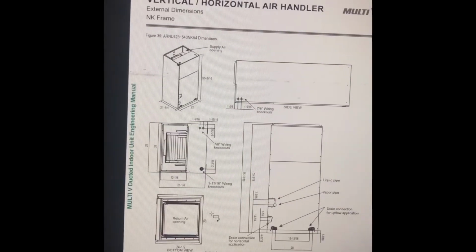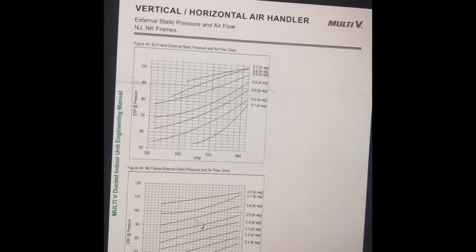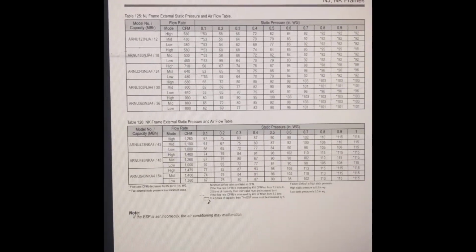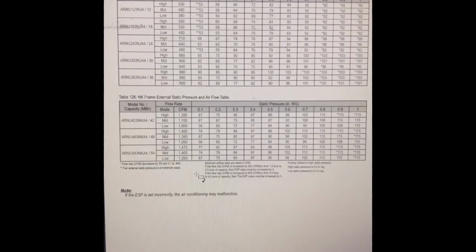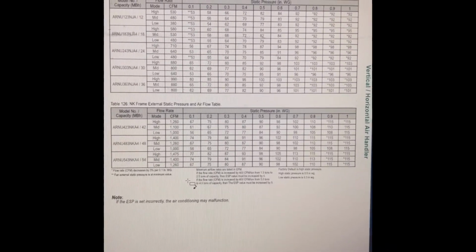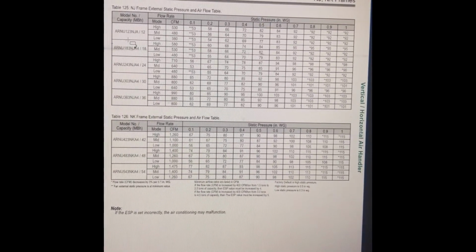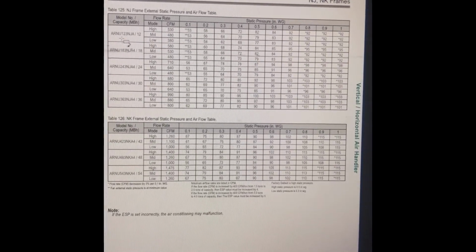There is a chart in the engineering manual just after the product information for each indoor unit type that is going to show you the fan speed settings, which can be input into the remote control based on your CFM and your external static pressure range. In this case, the indoor unit ARNU 123NJA4 is at the top.